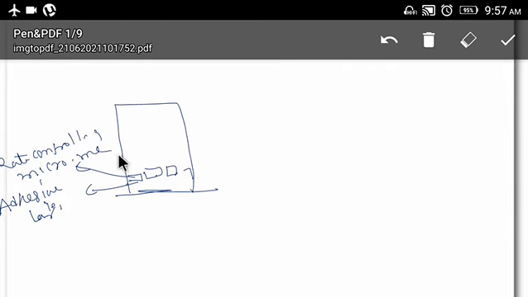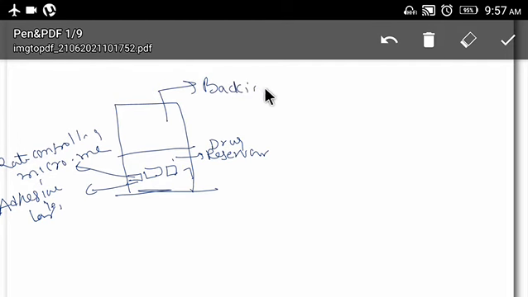In the third layer we have the reservoir. This is called the drug reservoir. And the fourth layer, this entire layer, is called the backing film. So these are the four layers.